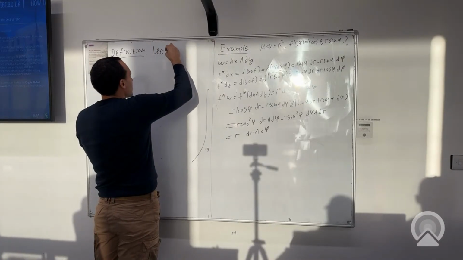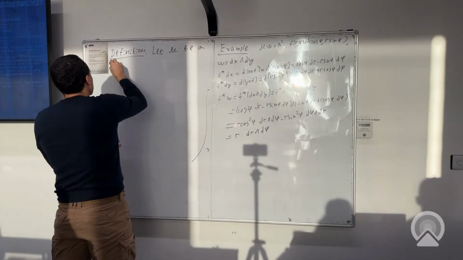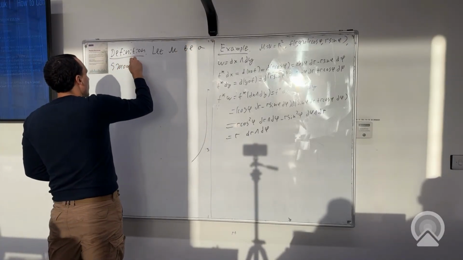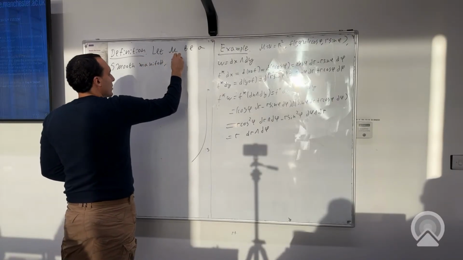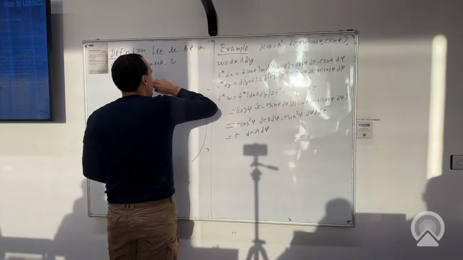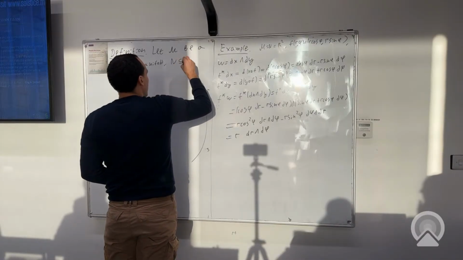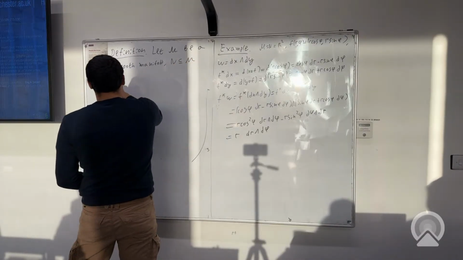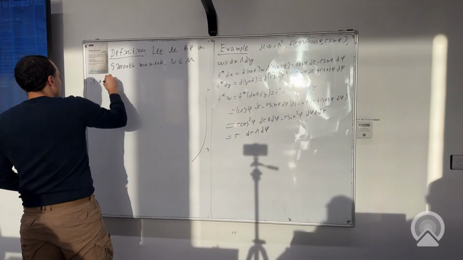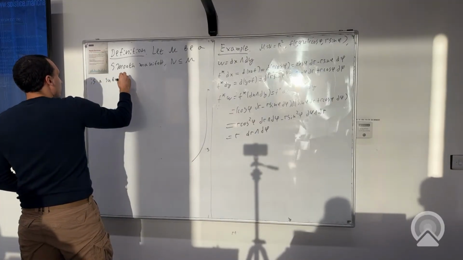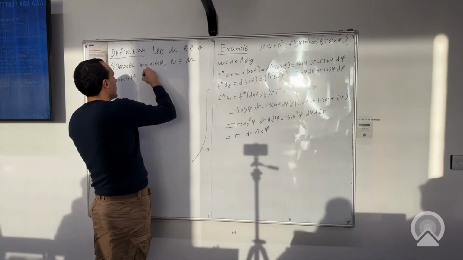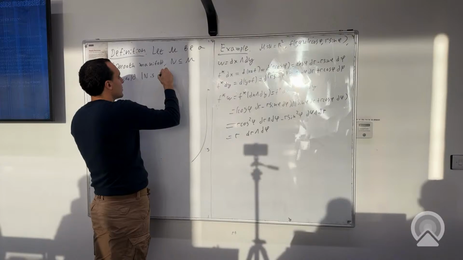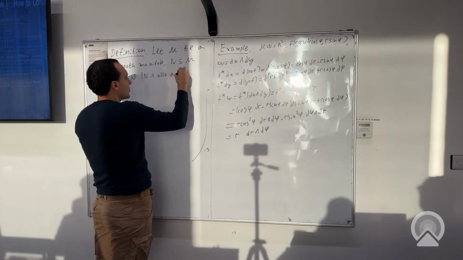Let M be a smooth manifold and N a submanifold. A submanifold is a subspace that is also a manifold. So N is also a smooth manifold.